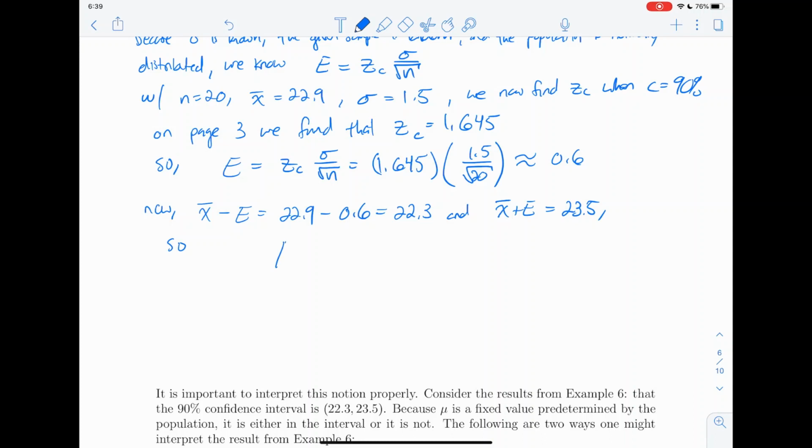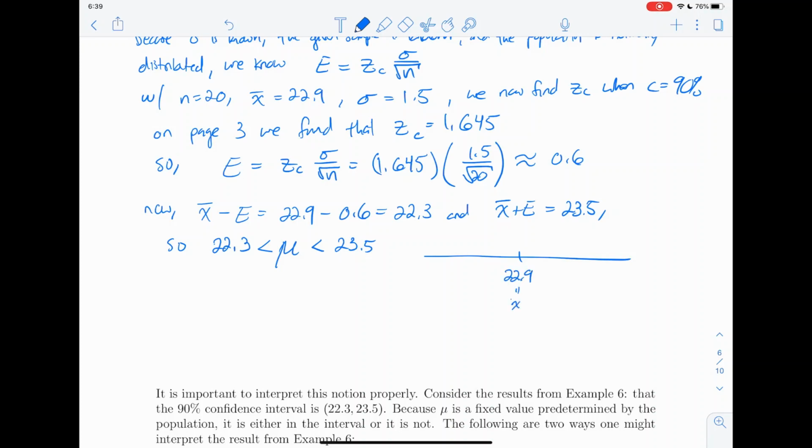So what that means is that the population mean mu, with 90% confidence, is going to live somewhere between 22.3 and 23.5.